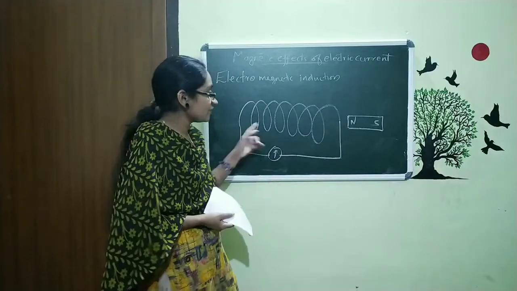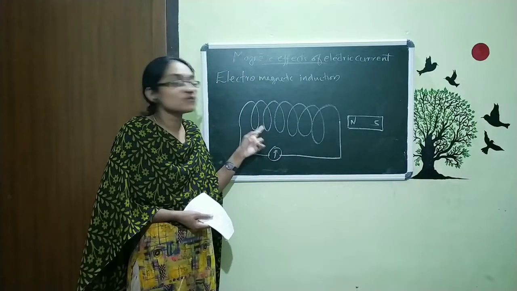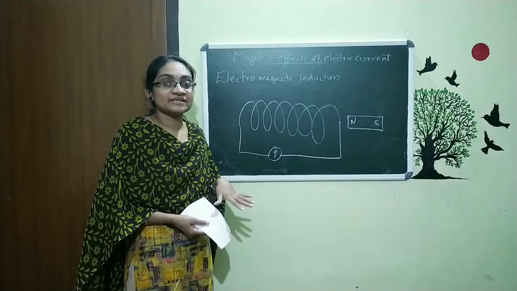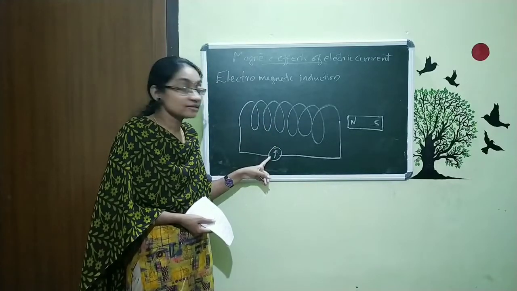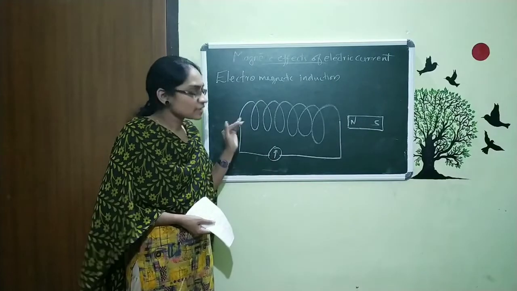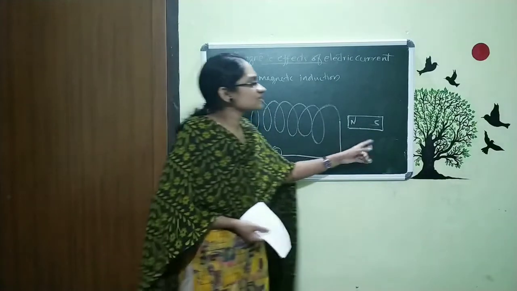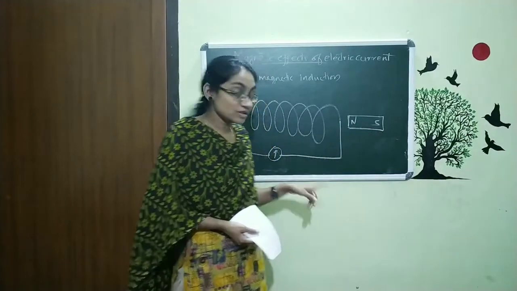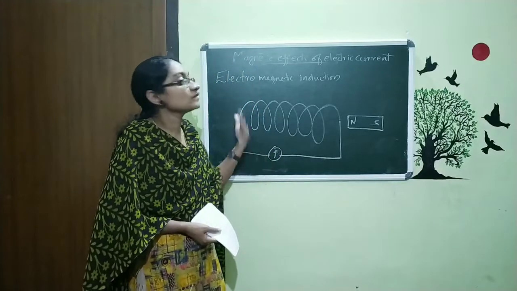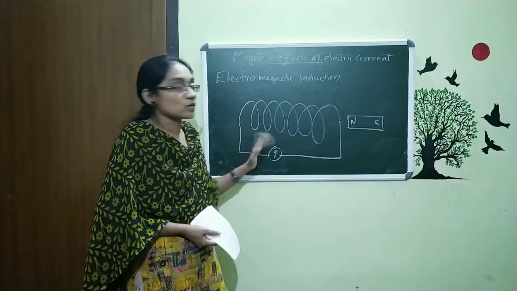In a similar way, when we reduce the number of coils, the current also gets reduced. And when we use a weak magnet, the deflection is less, so we can say the induced current is also less.